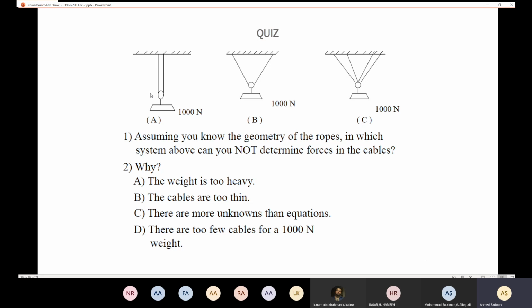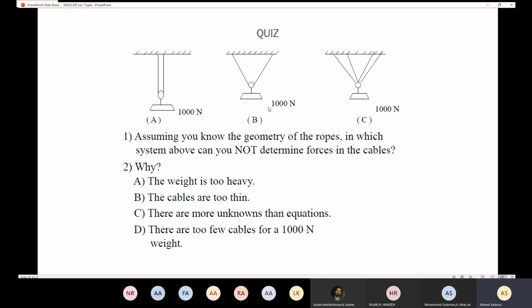If you draw the free body diagram here, you have the weight down, the tension here and the tension there. If you resolve them into X and Y, you are going to have one unknown or two unknowns, and I'm going to end up with two equations and two unknowns, and it's solvable.